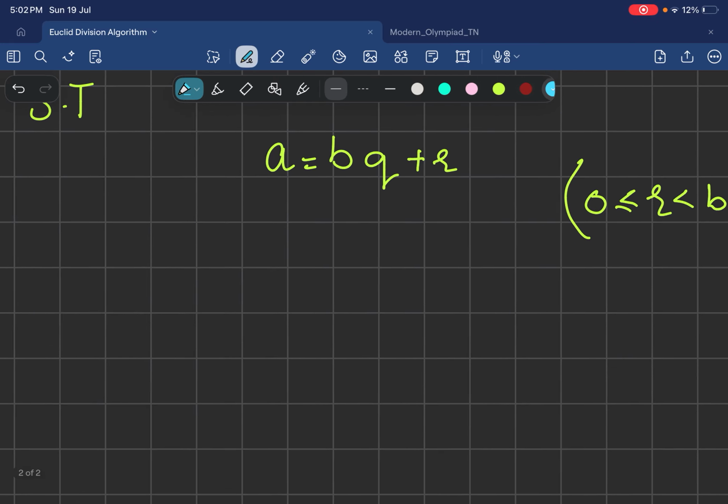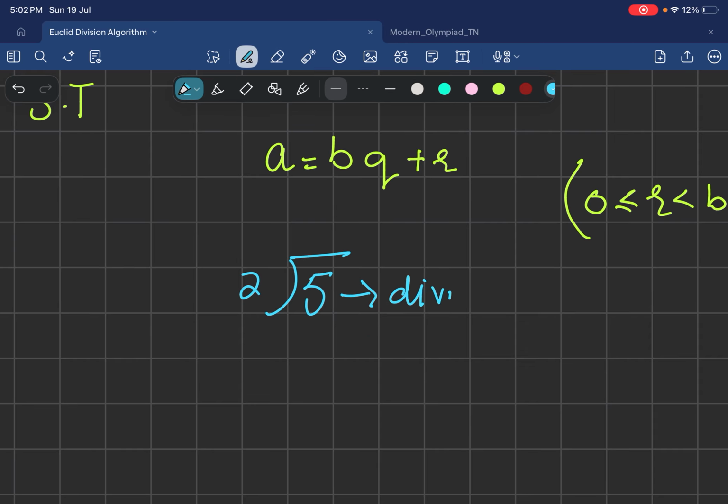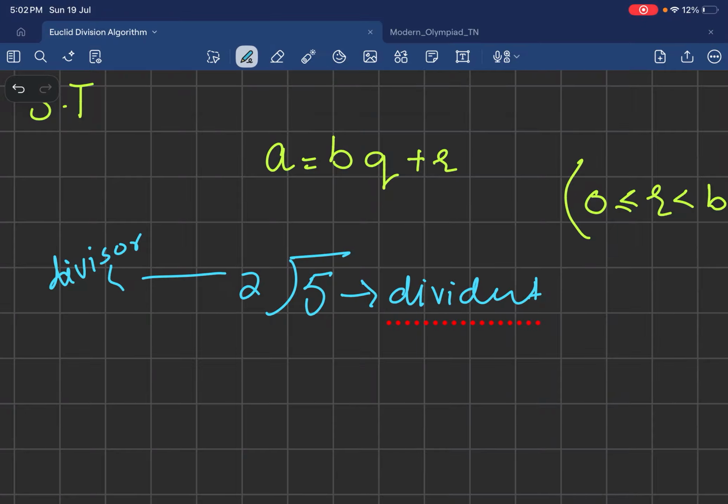So what it says is, if there is some number, let's say 5, and you are dividing it by 2, the number written inside, which is being divided, is known as the dividend, and this is known as the divisor. 2 4s are 4, and then you get a remainder of 1.